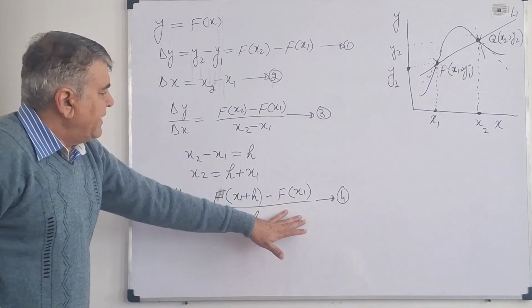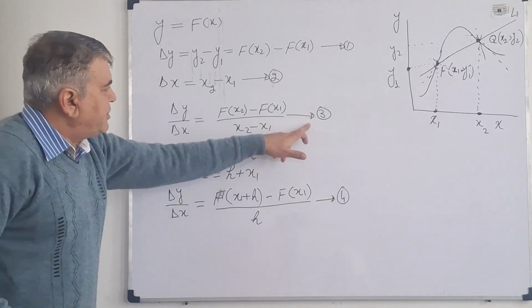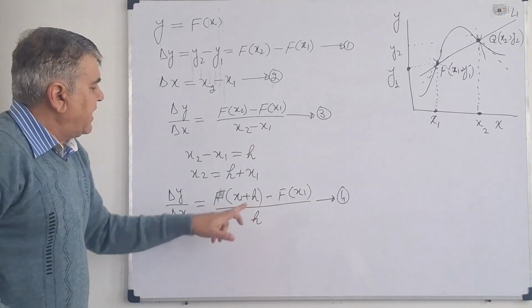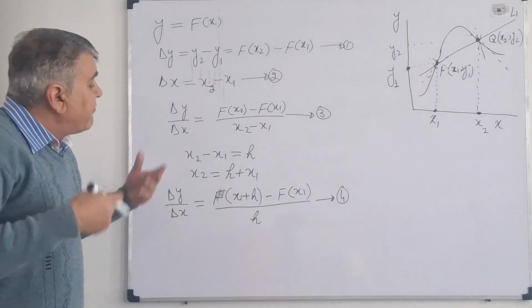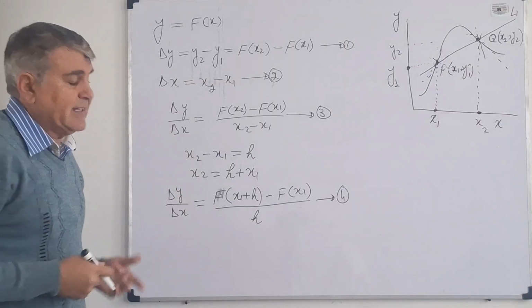Equation 4 is richer than equation 3 in a sense that it provides large number information for different points of the curve.